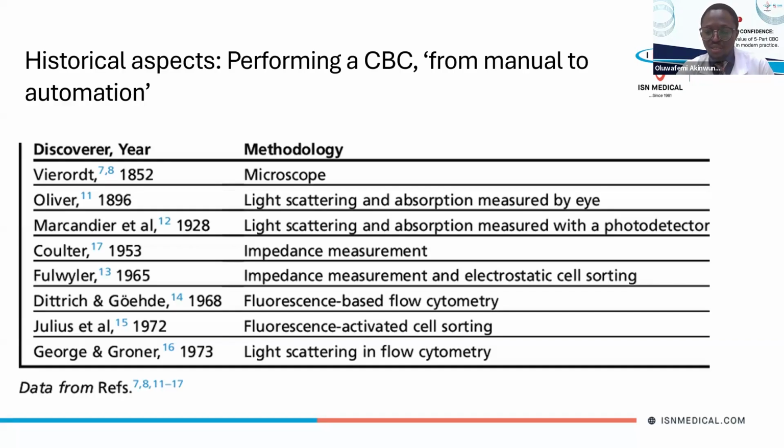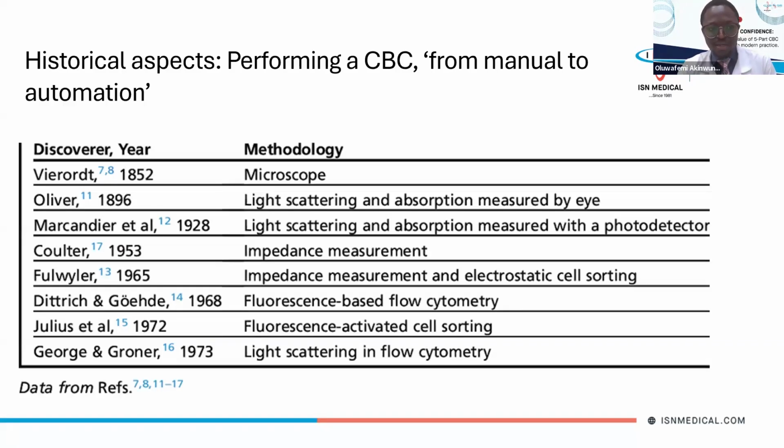So alongside his brother, Joseph Coulter, they started experimenting with a photo detector, and found that when a cell passes through a tiny aperture, it alters the impedance of the electrical circuit attached to the equipment. With that, they came up with ideas about how to use automation to measure blood counts.